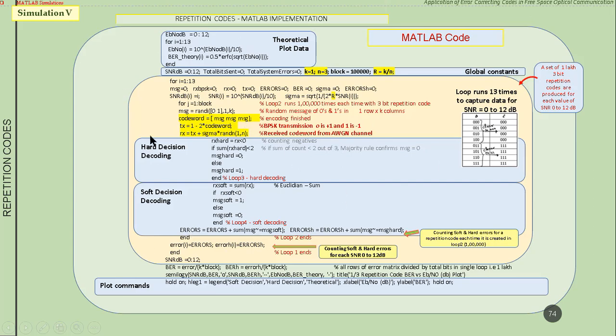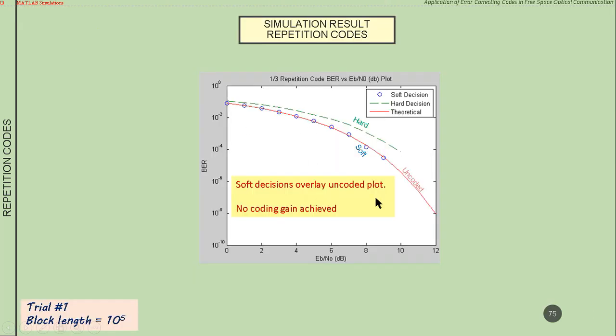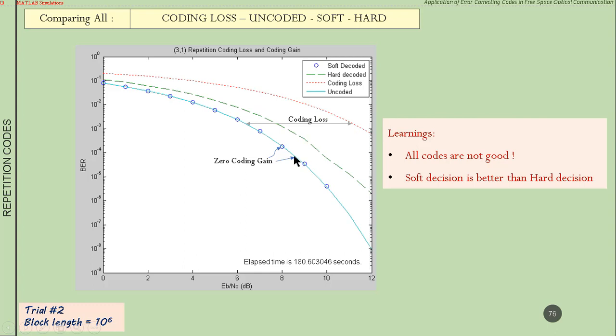The repetition code has been implemented in MATLAB, and I have generated this sketch. Now the repetition code is not good enough in providing a coding gain. What coding gain actually is, okay, from this graph I will try to explain. This blue continuous line shows the uncoded.